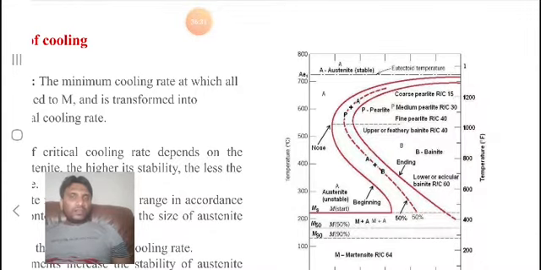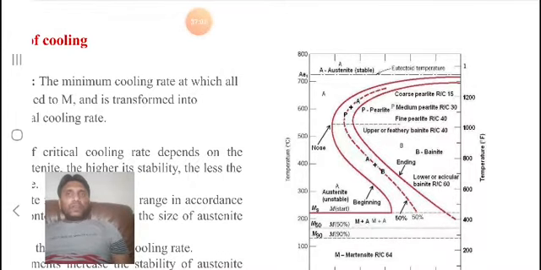And once the last curve is crossed, what we have is coarse perlite. Coarse perlite is RC15, medium perlite is RC30, fine perlite is RC40, and upper or feathery bainite is RC40, and lower bainite will be around RC50, and then finally martensite will be around RC60.